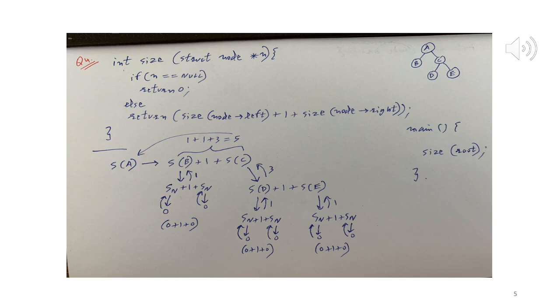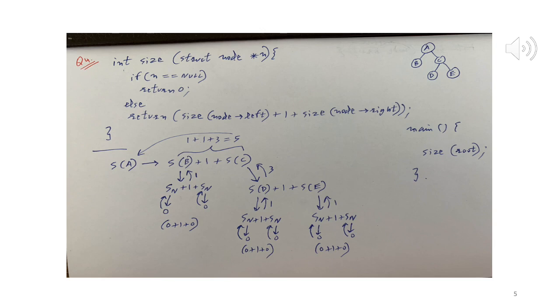So let's see how this works. In the main we'll call it like this: size of root, where we assume that root is a pointer to the root of the tree. From our previous experience in the tree programs, we know that all nodes are accessed using pointers.